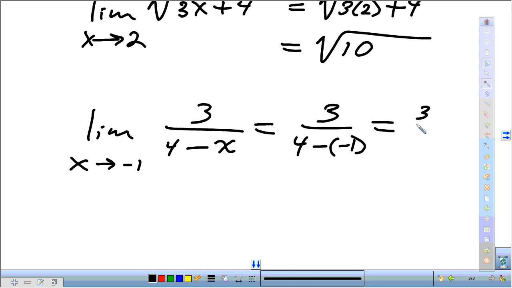Evaluation gives us 3/5. So most of the time things are defined in a continuous way, and so limits are merely function evaluations. But many of the real world interesting cases are those anomalies where this doesn't happen. So we'll get to that later. But right now, at least, many things compute the limit, it's just substitution.